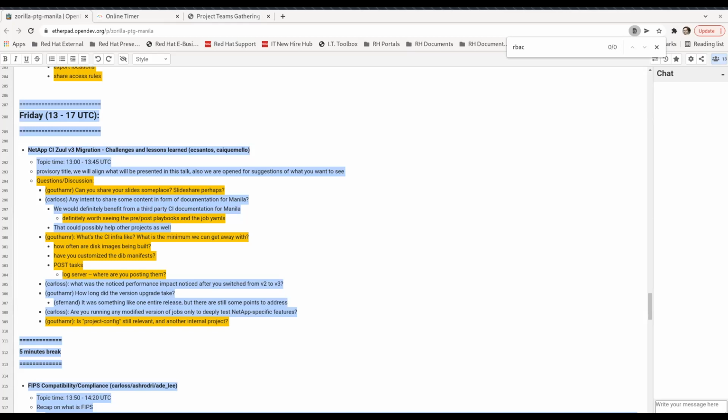I remember when first checking the Zuul and Software Factory documentation, there are lots of use cases, but we could definitely benefit from someone using this for this specific use case. That wouldn't be useful only for Manila. That would also benefit other projects that need to set up third-party CI from vendors.